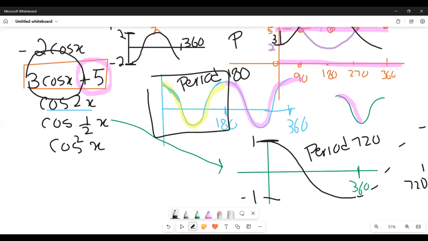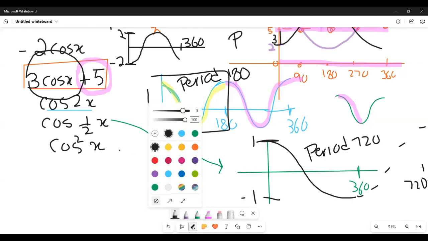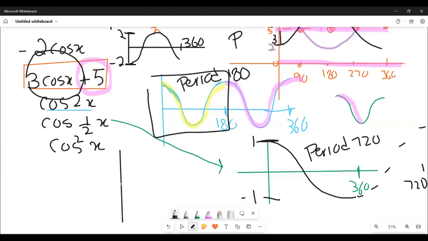Similarly, for cos square x, you need to remember that it's a W shape. Instead of an M, it's now a W. This is 1, that's 0, because now it's squared, so you won't have a minus 1 here. You will just have 0 and 1 as the extreme values.